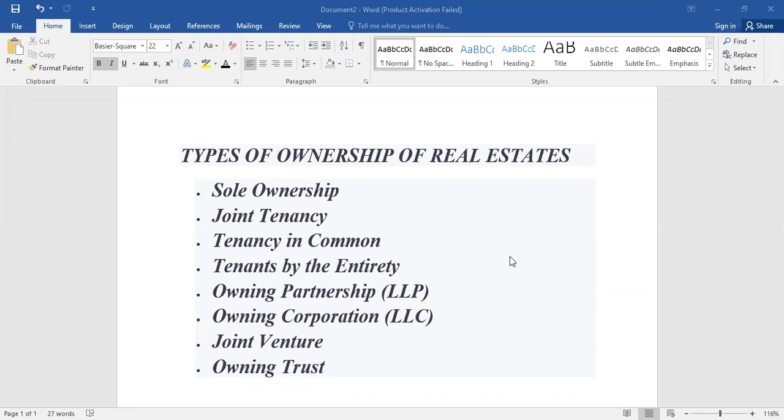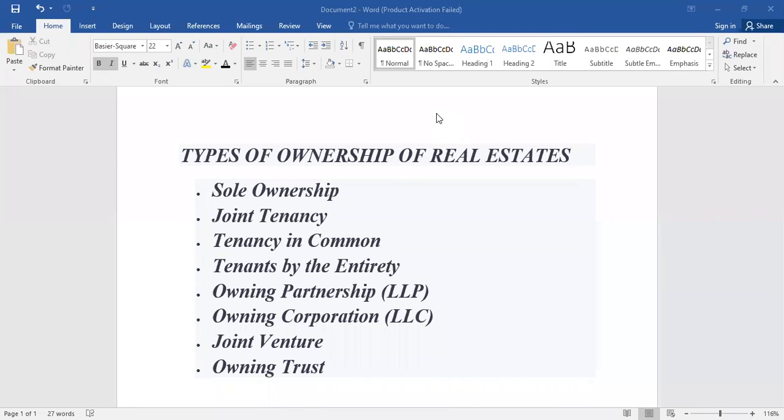So I was trying to take you through the basic or the traditional forms of ownership in Kenya before we come to the legal ones. And I've talked about the sole ownership and the joint tenancy. The third one is the tenancy in common. And this is where the property is owned by 2 or more persons at the same time.